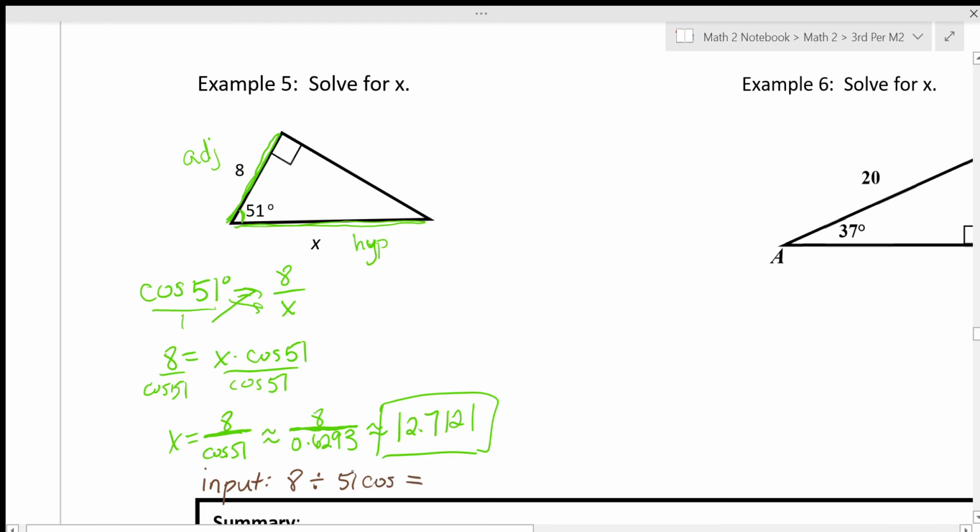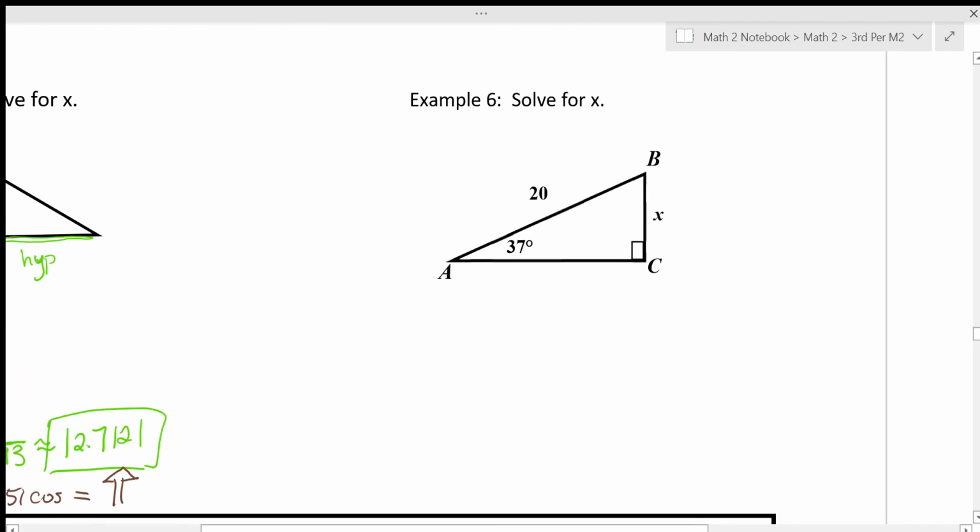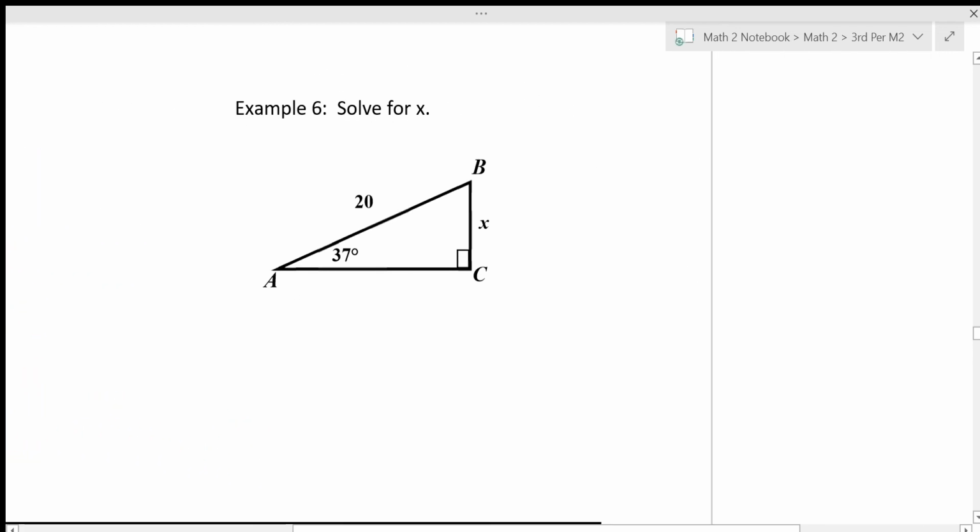If you input each of those numbers into your iPhone calculator, you'll get this. And again, that saves the rounding until the very end, which is going to be more accurate. We'll go over inputting into our calculators when we're in class, and if you have a scientific calculator, make sure you bring it to class.